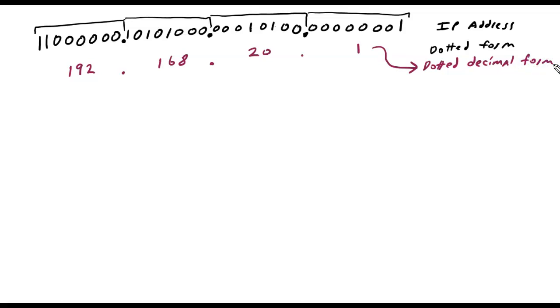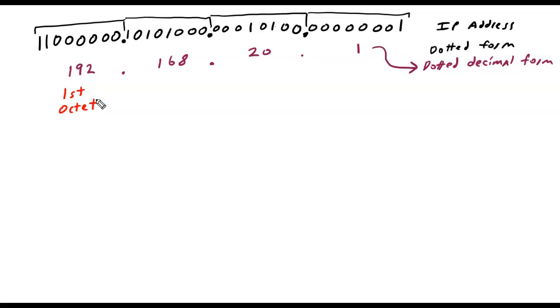All right, the next thing I want to do is to distinguish each of these sections to make it easy for us to refer to them. So if I just try to refer to the second one, I don't want to just keep saying the second little bunch there. I want to give it a name. So I'm going to call this first part here the first octet. Now, oct, of course, means 8. And so there are 8 bits in that.